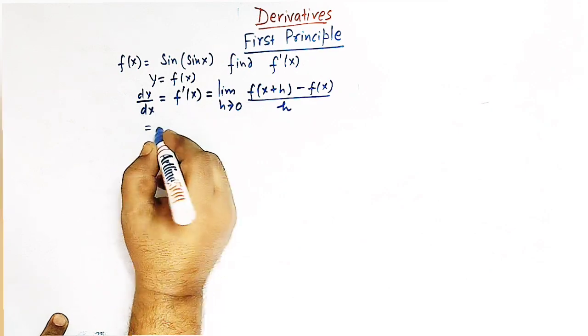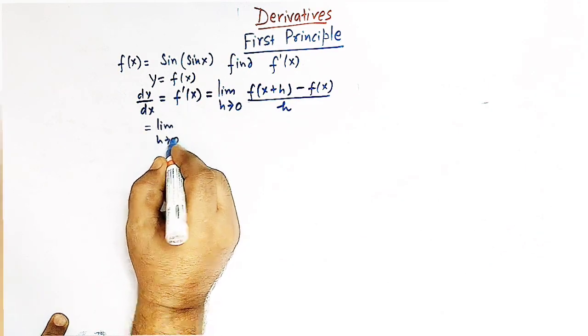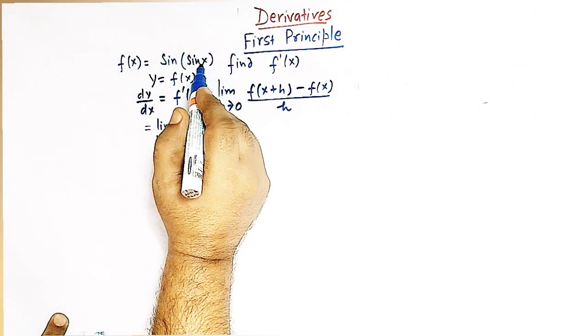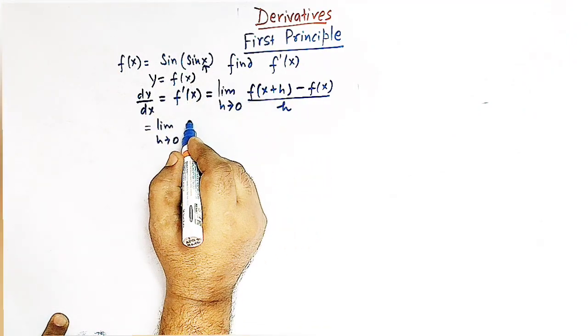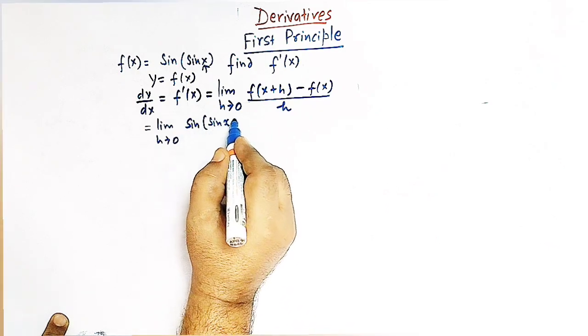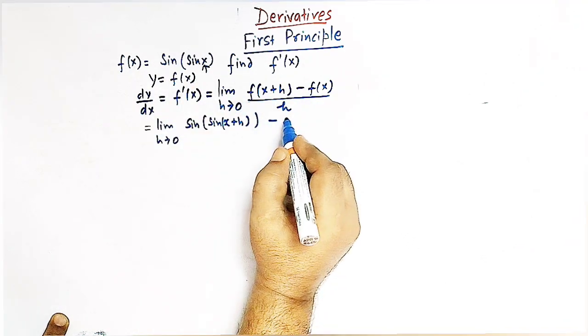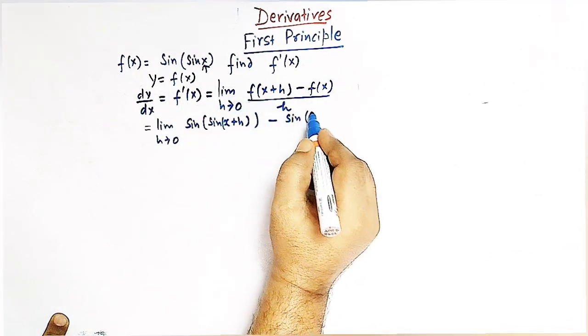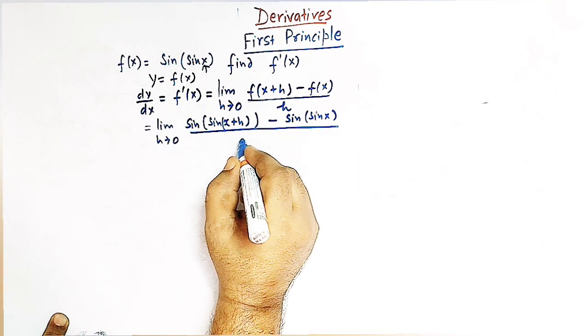So now we have limit h tends to 0, f of x plus h can be obtained by replacing this x by x plus h. So we have sine of sine of x plus h, and then we have f of x, which is sine of sine x, and here we have h.